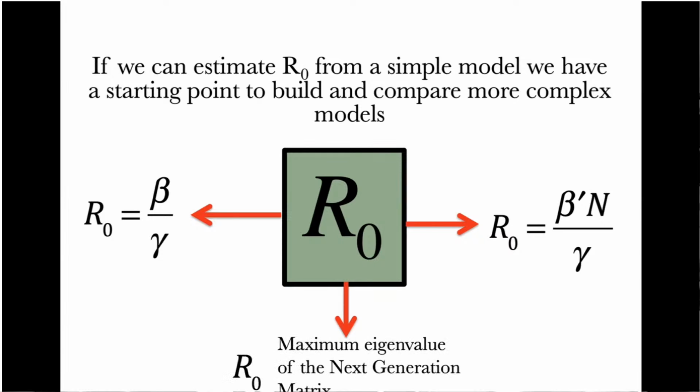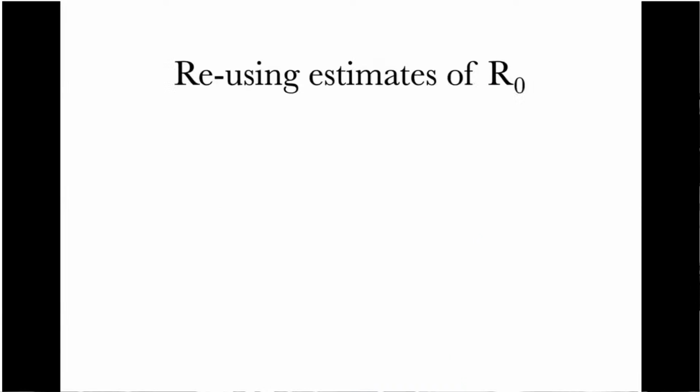We've also learned that you can estimate R naught from the next generation matrix, which is really through getting the eigenvalues and eigenvectors and getting the maximum of values in your eigenvector.